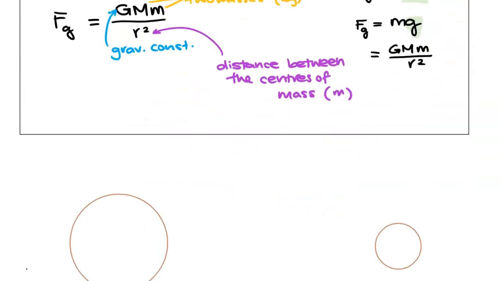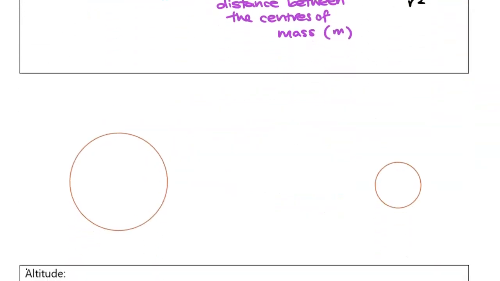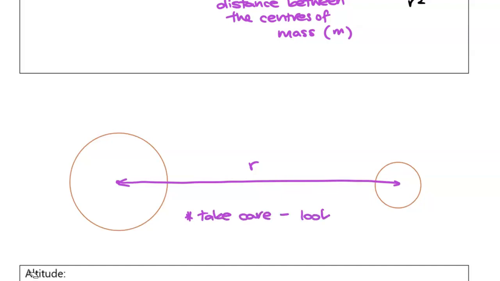So, when we're talking about finding the force due to gravity on two masses, it is absolutely critical that we're looking at the distance from one center of mass to the other center of mass. So we're looking at this distance here, not the distance from one surface to another, the distance from the center of masses. So, take care. Look at center of mass.